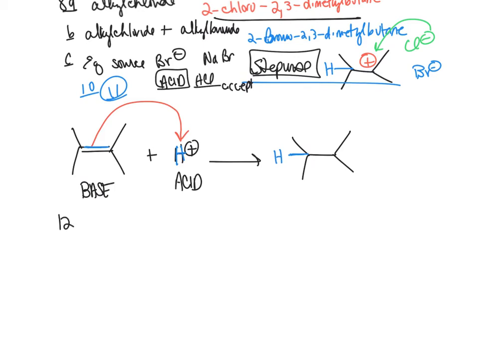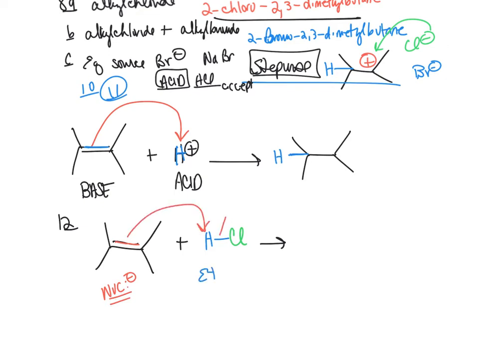Okay, number 12. Draw the complete stepwise mechanism using curved arrows to explain the formation of the two products in this mechanism. You will have to draw these mechanisms, and that means electron flow arrows. Okay, so the first thing that happens is the nucleophile, so this is your nucleophile, goes after your electrophile.